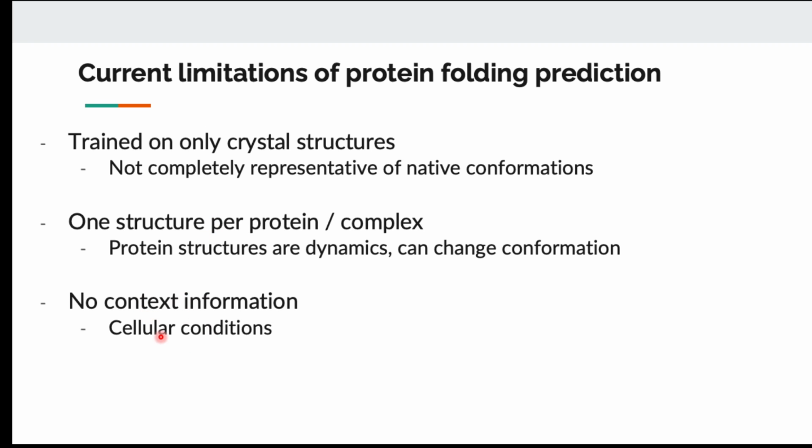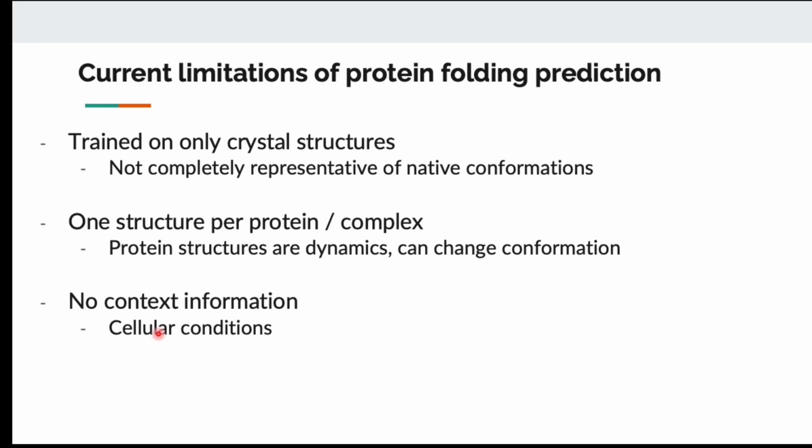And we already mentioned that we can assume that every prediction that we are getting here is based on average cellular conditions. If you have different conditions, like you are folding the protein inside your lab, outside the cells, the prediction might not be accurate because the pH and the other solvent might be different.